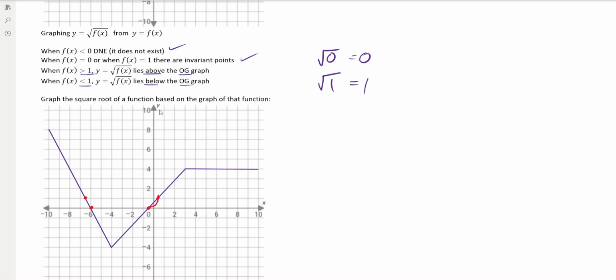Square root of 2. Oh, whoops. Yeah, I think this gives the best.